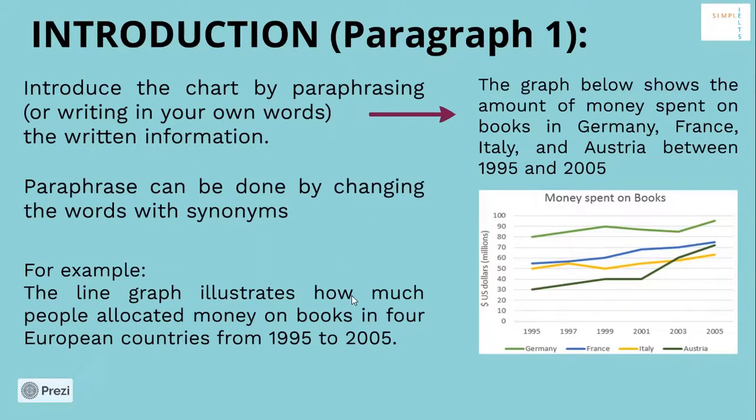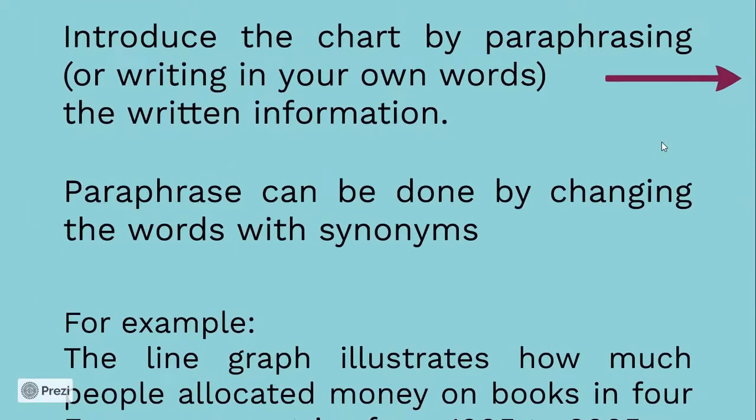And then how much people allocated money on books in 4 European countries has the same meaning with the amount of money spent on books in Germany, France, Italy, and Austria. From 1995 to 2005 has the same meaning with between 1995 and 2005. Okay, so that's how you write an introduction in your report. The thing that we have to remember is that we have to paraphrase, okay?